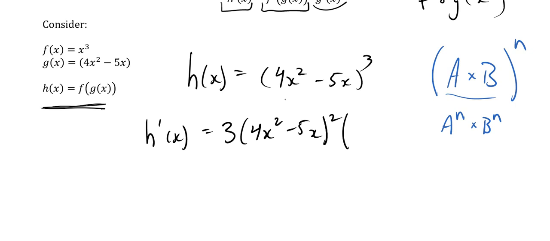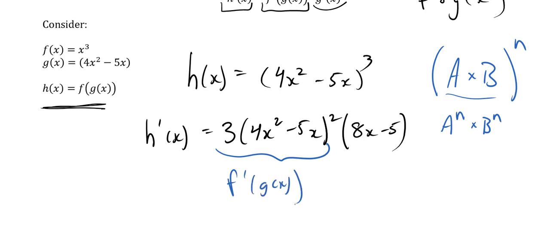The derivative of g is the derivative of what's inside the bracket. So multiply by the derivative of what's inside. So this is 8x minus 5. Notice it's like f prime of g at x. The g at x inside the brackets is the same, right? And then that's g prime.